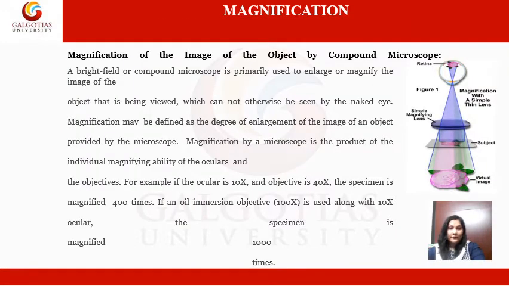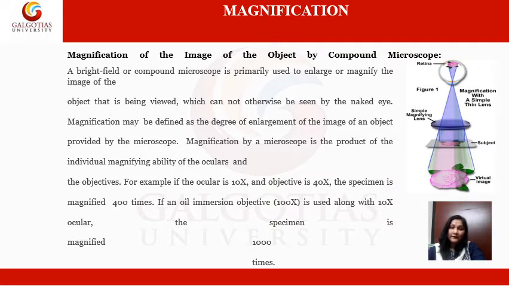Now we will learn about a new term, that is magnification. The magnification can be defined as the degree of enlargement of any image. Okay, so here we have written the magnification of the image of the object by compound microscope. Why have we used compound microscope to explain these terms?